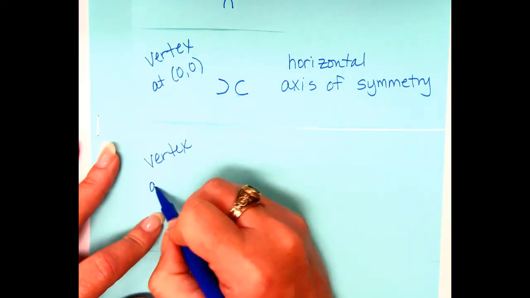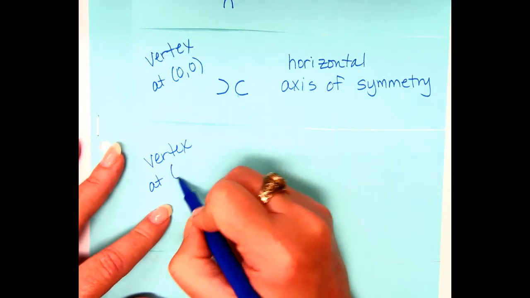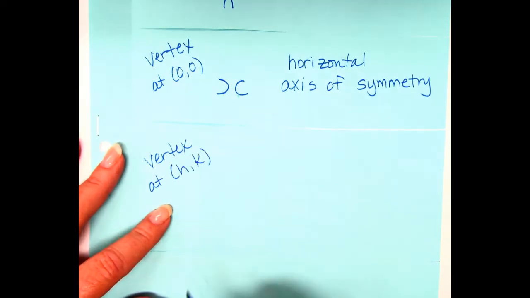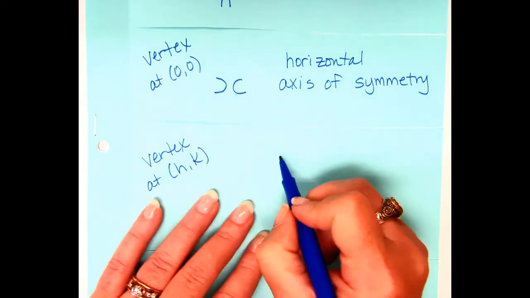This third section has a vertex at h, k, and it has a vertical axis of symmetry. Which way does the vertical axis of symmetry open? Up or down? Good. What do you think the last section is going to be?